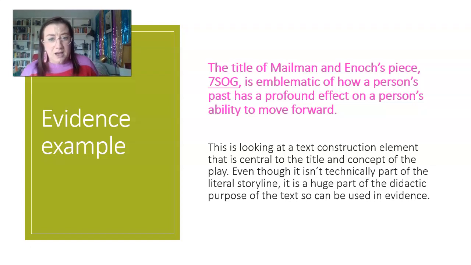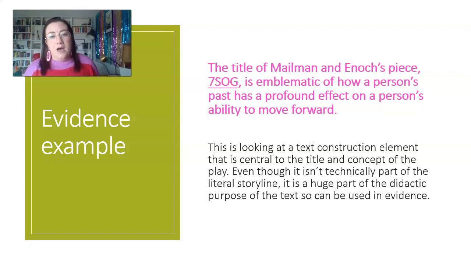I've started with 7 Stages of Grieving, and remember that I'm proving that memory can cause people to not be able to move forward. That's the effect that memory has on people.